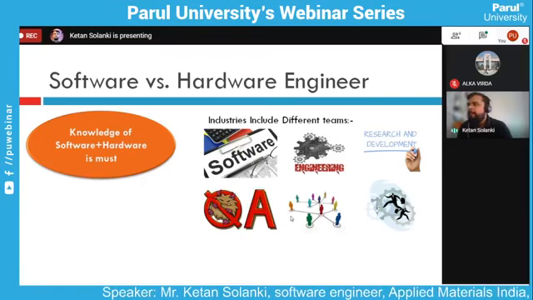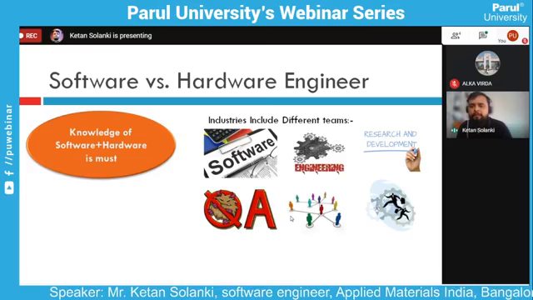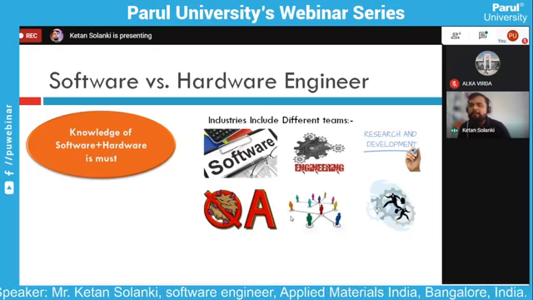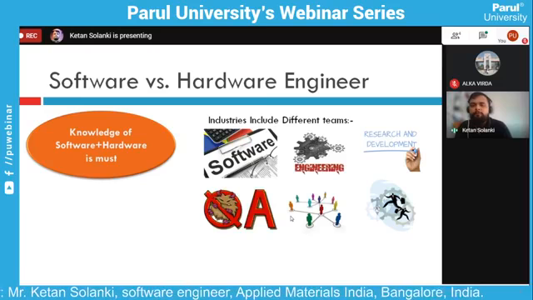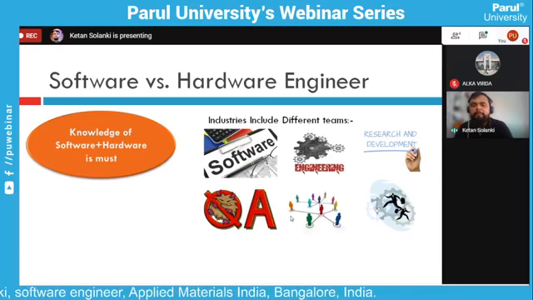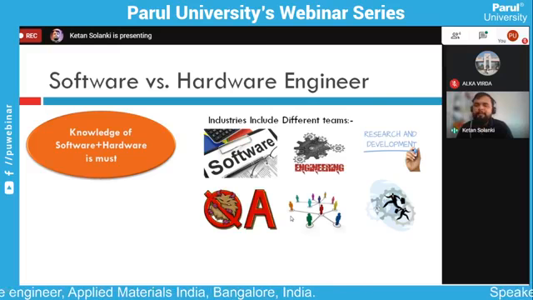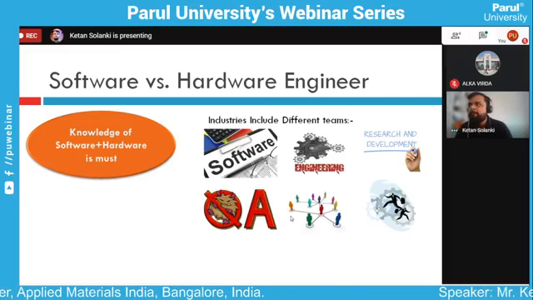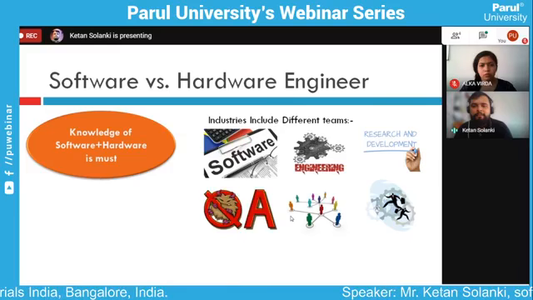And then finally, we have a supply chain, or business team, which will communicate directly or indirectly with customers and maintain the business fundamentals of the industry. So this is an overview of how an industry stands.